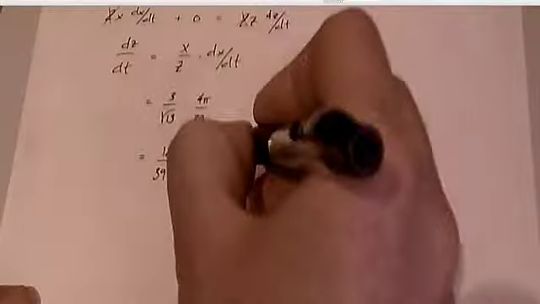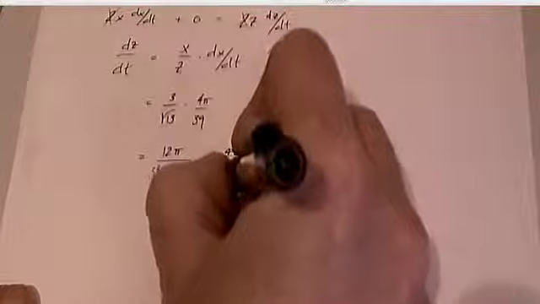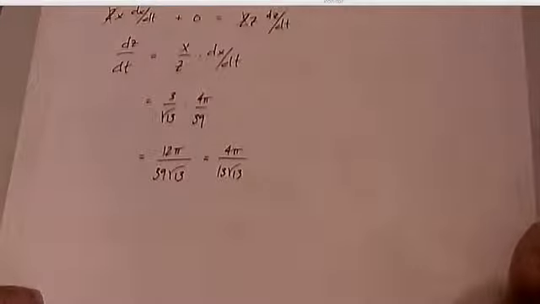Now, that of course reduces. I could have actually reduced it from up here. That winds up being 4 pi over 13 root 13. And we can go ahead and move forward from there. So that is my dz dt if I do it in terms of Pythagorean theorem.